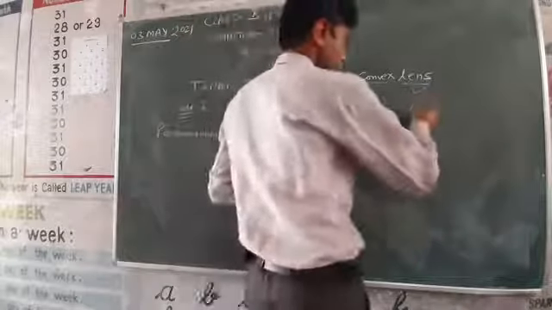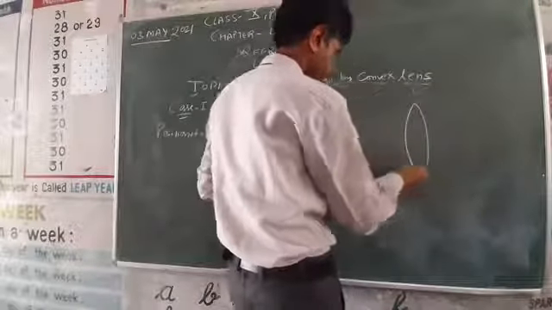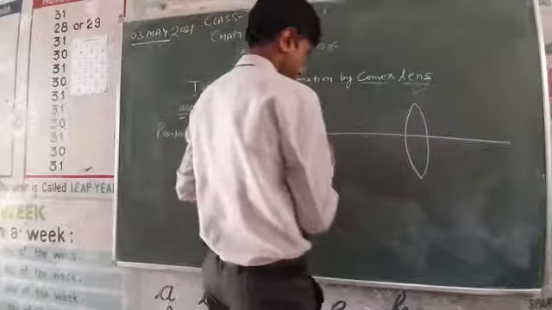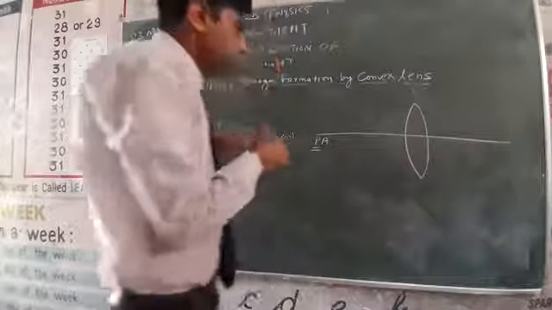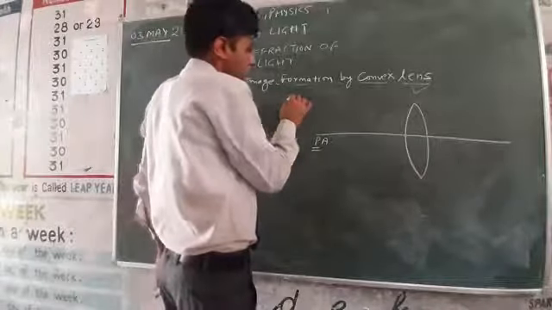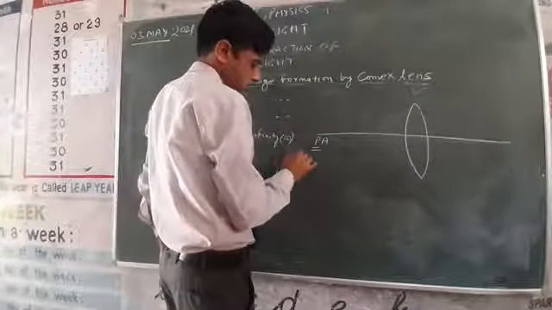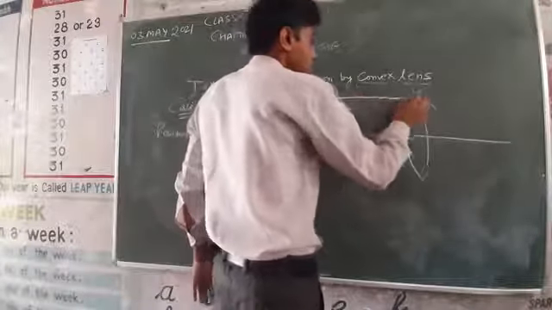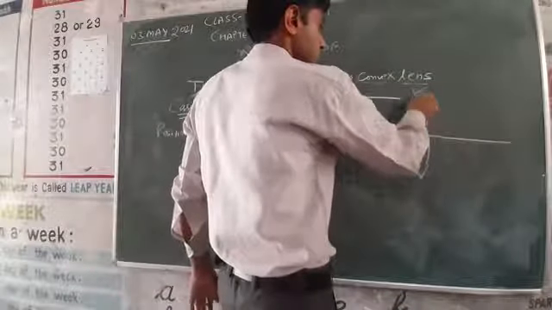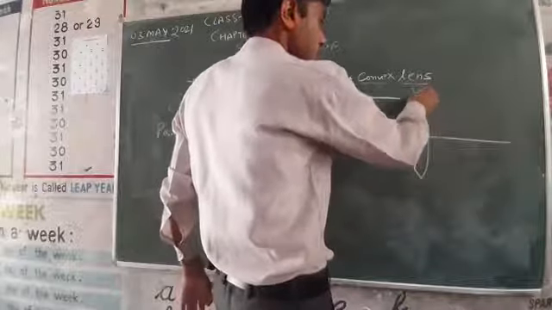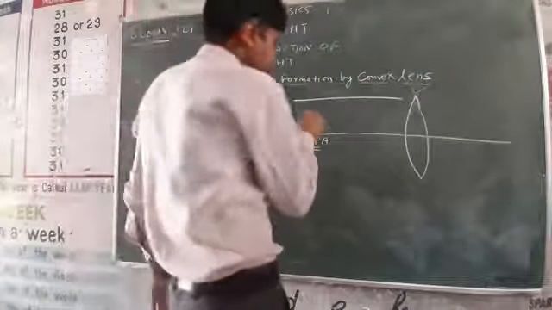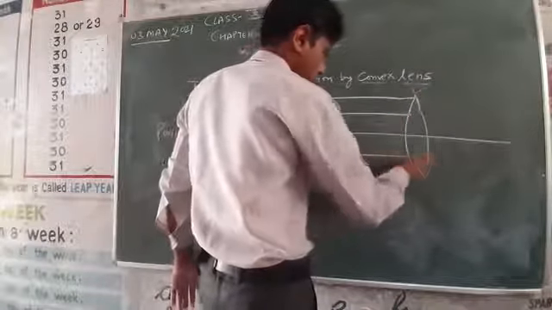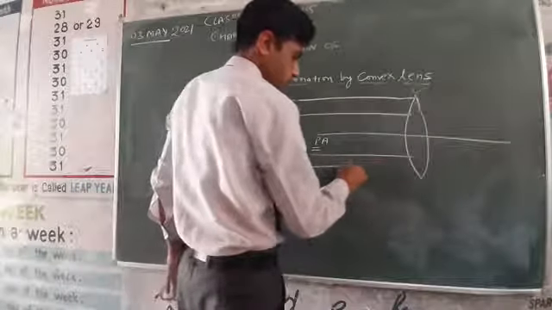It means if this is your convex lens, this is the principal axis PA, and rays of light come from infinity, meaning rays of light come from a long distance, and when these rays come close to the convex lens, then these rays of light become parallel to each other, and also parallel to the principal axis.